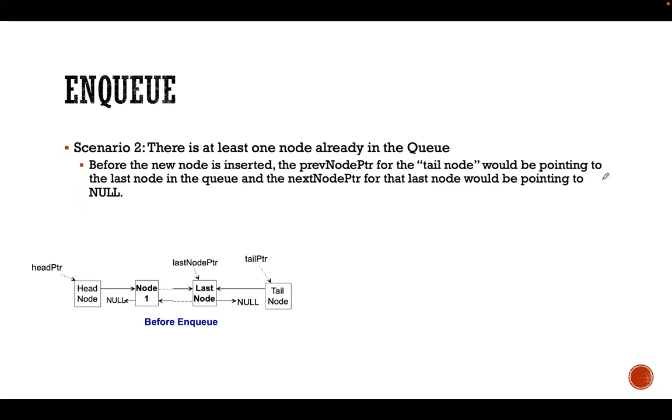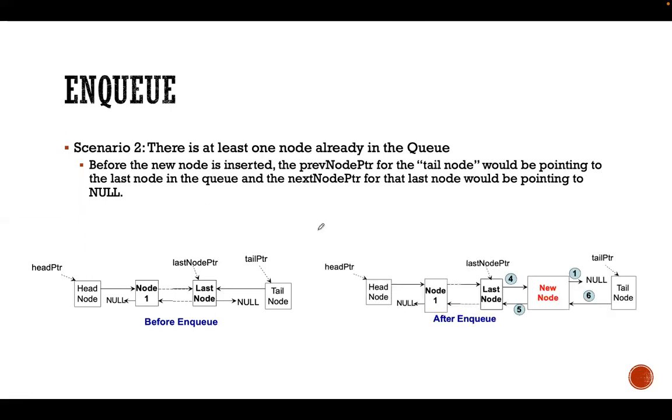So in each enqueue we are going to insert at the end of the list. It doesn't matter how you insert. You can insert from the front of the list, or you can insert at the end of the list. That's totally up to you.